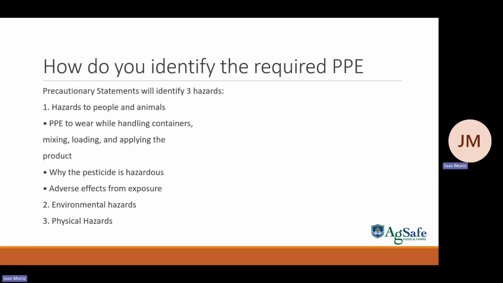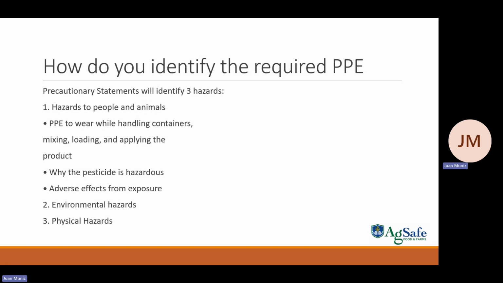So we will focus on the first hazard, which is hazards to people and animals. And under that section, it will have information on how to protect from those hazards. It will have personal protective equipment to wear while handling containers, mixing, loading, and applying this product or any labeled product.